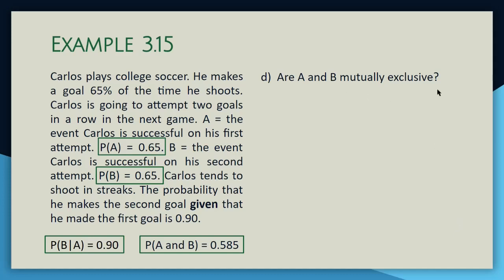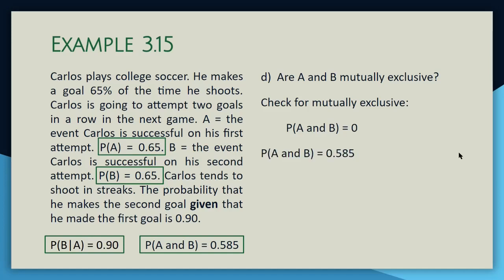And mutually exclusive is asking about that overlap. Do A and B have anything in common? To check that, we look at P(A and B), and the probability of A and B should be 0. Well, we calculated P(A and B) to be 0.585, so we can see that these are not mutually exclusive events.